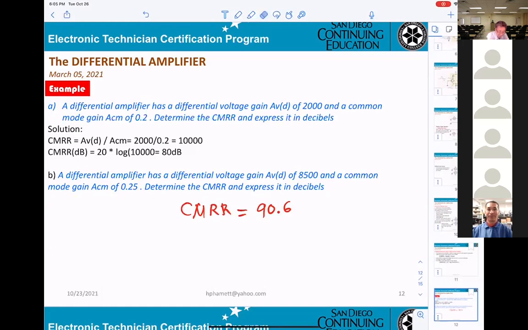I'm talking about the numerical value of the CMRR: 34,000. Yeah, it's 8,500 times 4. So basically you don't have a number 9, right? Correct. That's what you get.